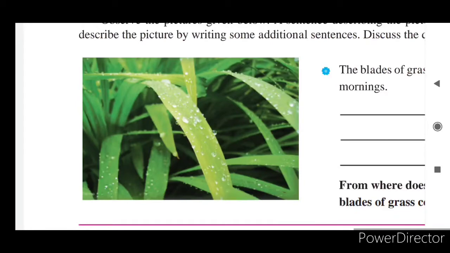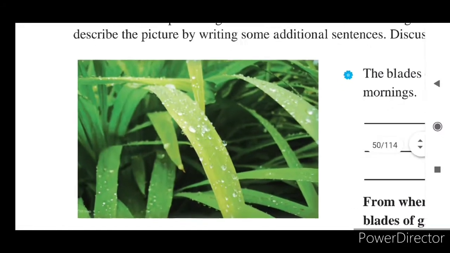See students, in the air there is some amount of moisture, and when that air reaches a high altitude, where the temperature is less, the water available in the form of moisture in the air is released.